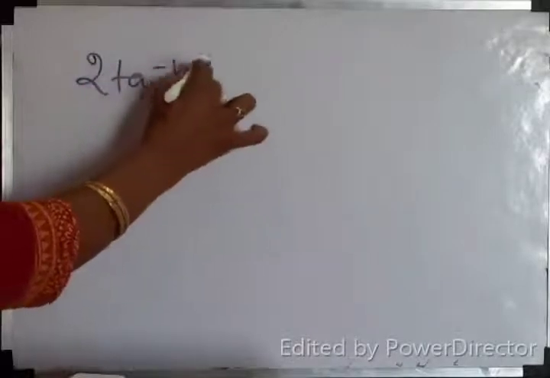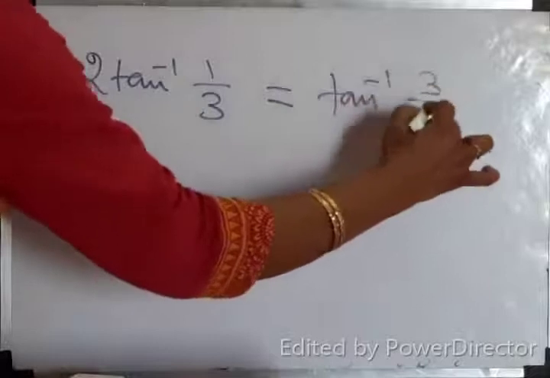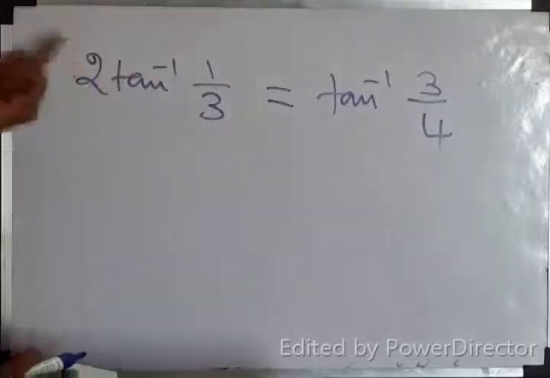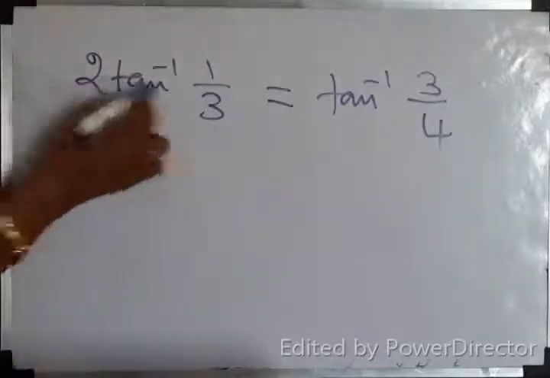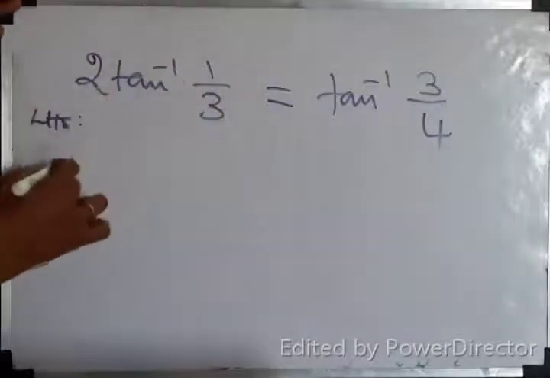Now the second sum is, prove that 2 tan inverse 1 by 3 equal to tan inverse 3 by 4. Both are the same question, tan inverse only, but here 2 is there. So 2 tan inverse 1 by 3, I'll start from the left hand side. How will you start?